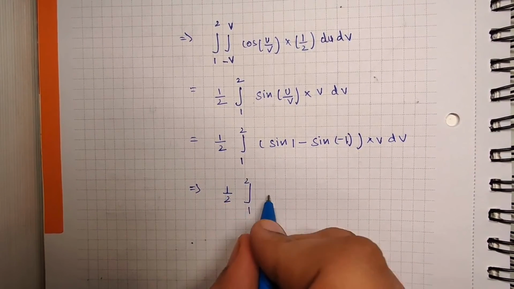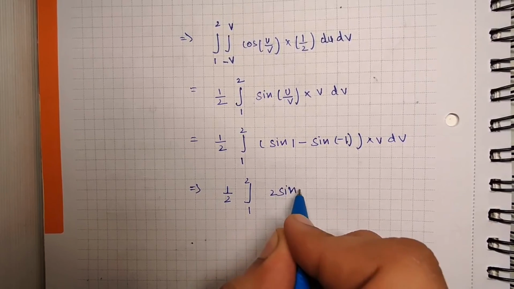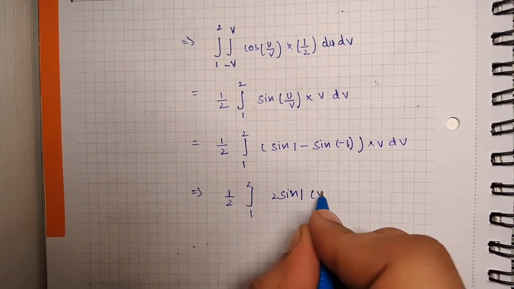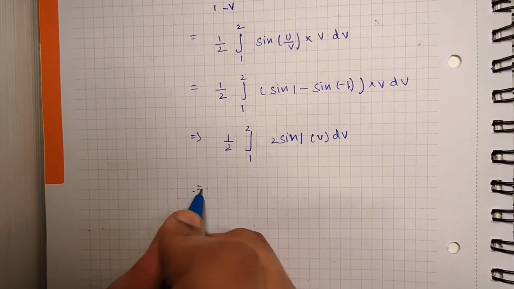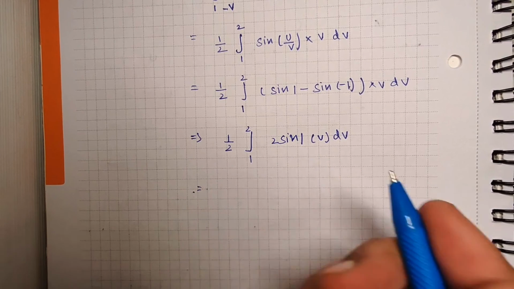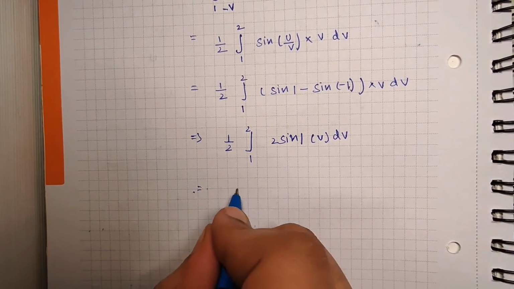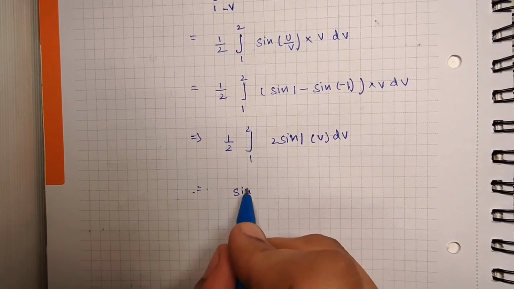This gives us 2 sin 1 v dv, which is equal to, we can take 2 sin 1 outside as it is a constant, which would give us sin 1 simply, as the 2 gets cancelled by this 2.